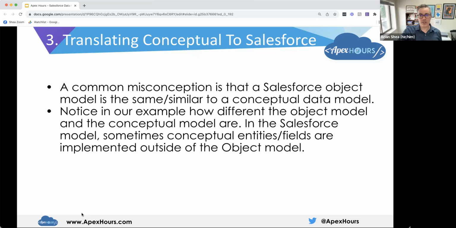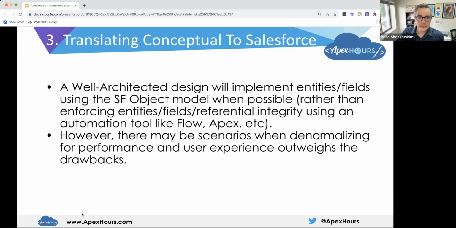And as I mentioned as well, in the Salesforce model, there can be conceptual entities or fields like our line of business that aren't even implemented as an object. They could be implied in the object model and then enforced with some other feature within Salesforce, whether it be automation or validation, etc.